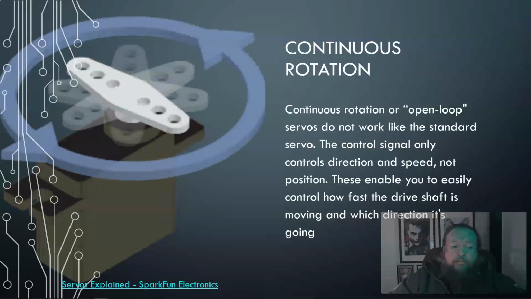But what you can also get is continuous rotation servos. What this means is that it's not just that 0 to 180, it will just always spin. You can go backwards and forwards, and this is less about getting it to go to a specific angle, but kind of working like a motor where you get a little bit more fine control from it. So the signals you send are, instead of saying what angle, what direction, forwards or backwards, and that enables you to easily control how fast the drive shaft is moving.